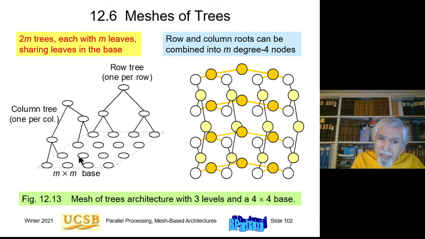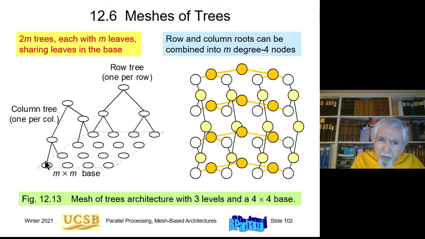So again, the nice thing about this architecture is just logarithmic diameter. So if I want to go from this corner to that corner, I go through the column tree to this corner and through the row tree to the other corner. Of course, here I don't save much because this is a small configuration.